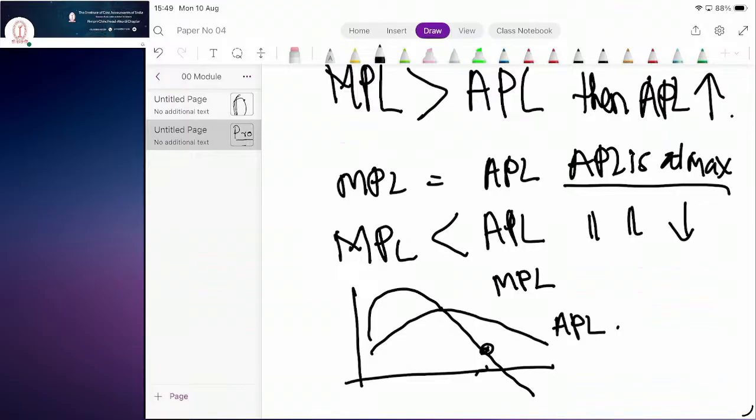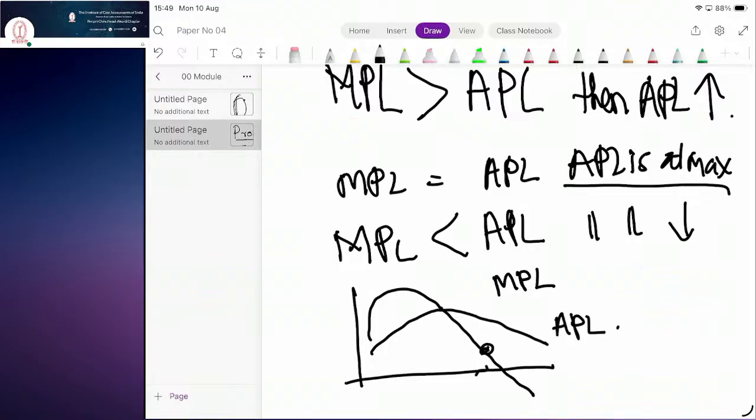The last question, let us try to solve. Why does the law of increasing returns operate? Remember this, mark this as important. It gives you the theory for increasing returns to scale.